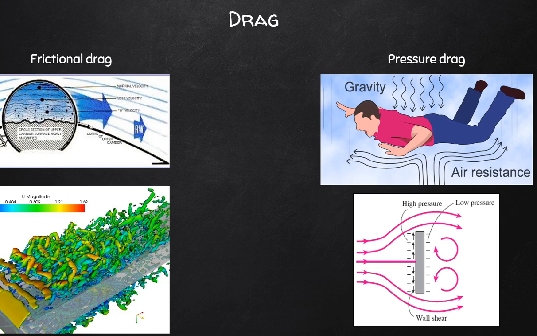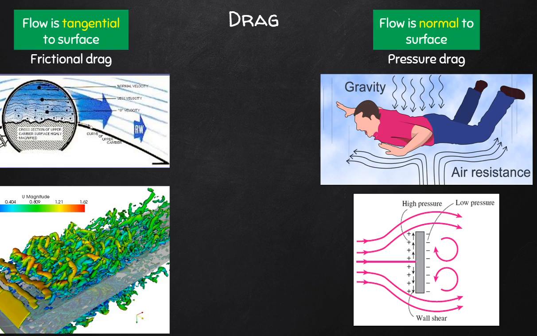So look at the differences shown here in terms of the two sets of figures. How do these different drag phenomena arise? In the case of frictional drag, flow is tangential to the surface, while pressure drag is generated due to the flow being normal to the solid surface.